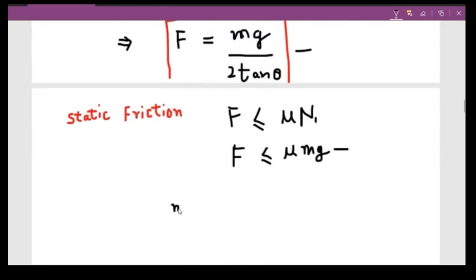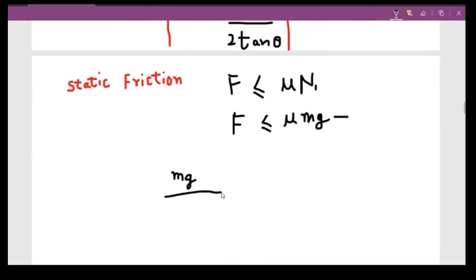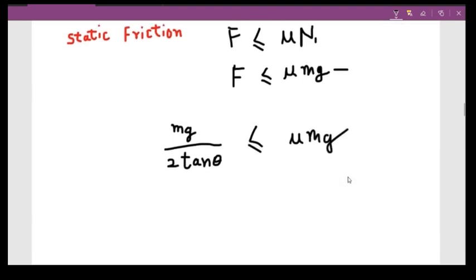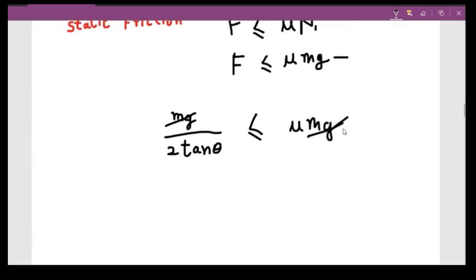So these two expressions are related: mg divided by 2 tan theta is less than or equal to mu times mg. Now mg and mg will get cancelled out.